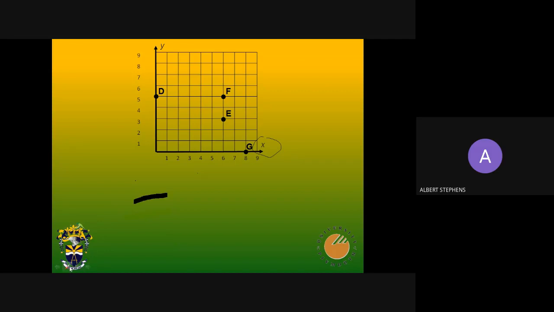Okay, so on the Cartesian plane, we have the x-axis, or the horizontal axis. It runs along the horizontal plane. As you can see, these numbers are positive, and they are increasing.